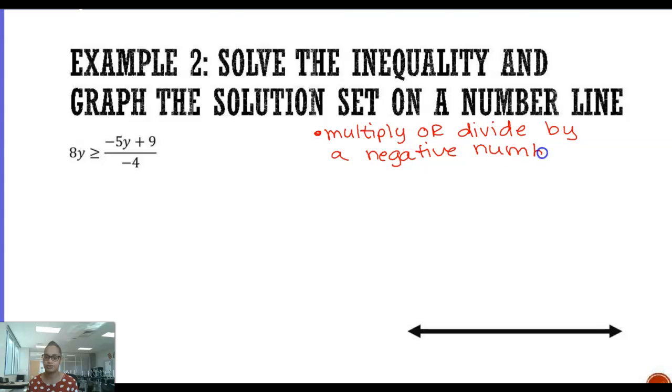You have to flip your inequality. If it's less than, you change it to greater than. If it's greater than, you change it to less than. So that's one of the rules that I wanted to refresh your memory on before we got too deep into this. If I multiply or divide by a negative number, then flip the inequality.